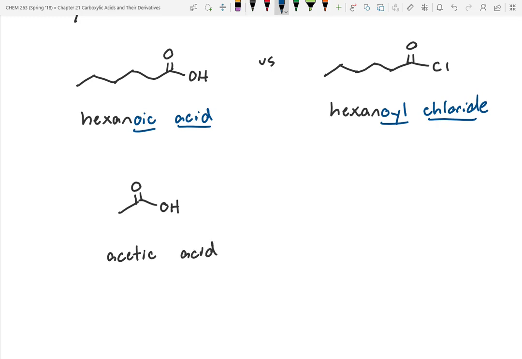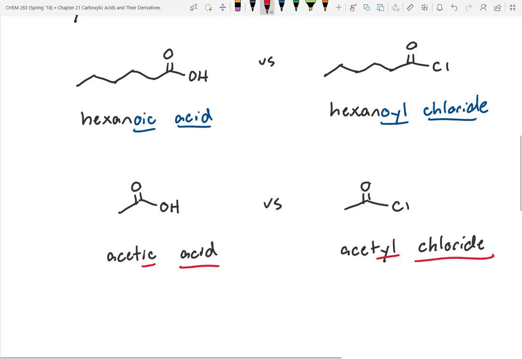In this case, what you would do is chop off the ic and the acid, and then we could turn this into something like an acid halide with the chlorine coming off of it. And this would be acetyl chloride. So again, we're swapping it off with the yl and then the chloride.